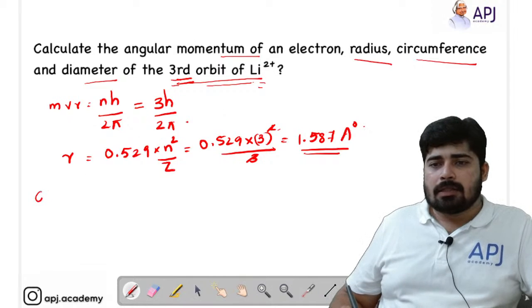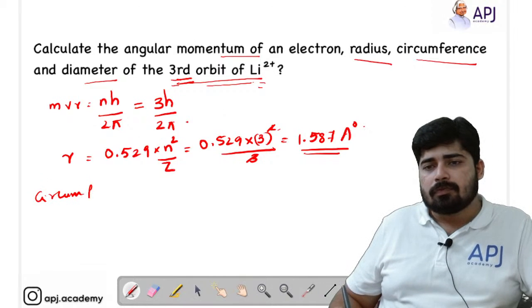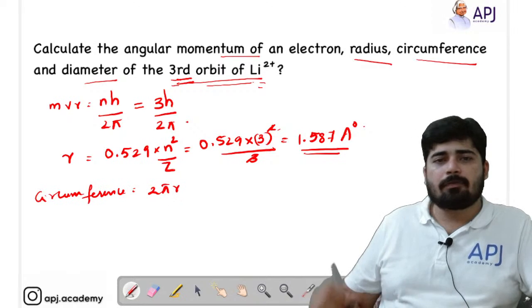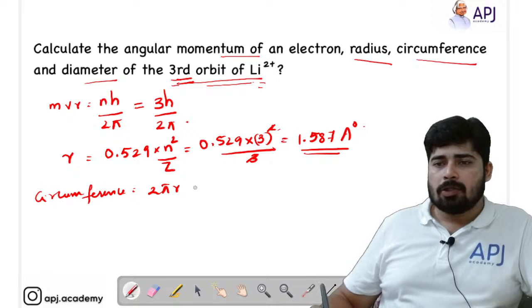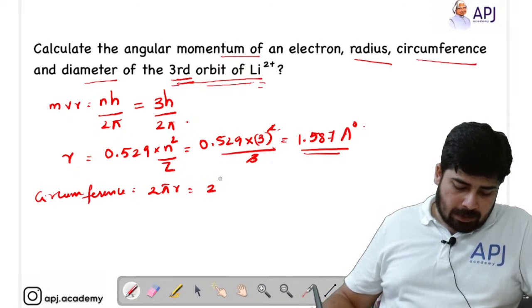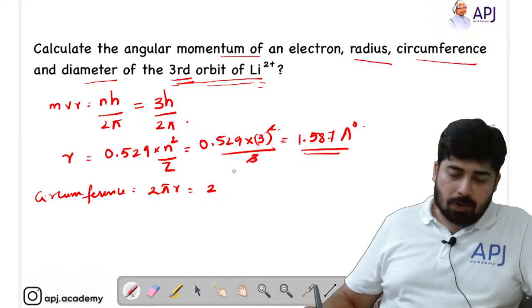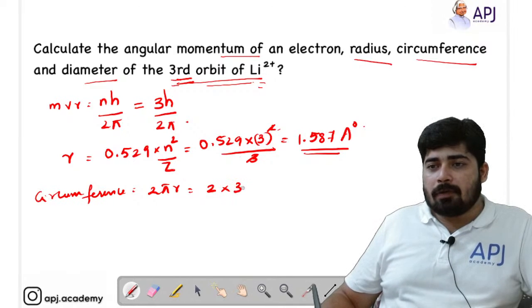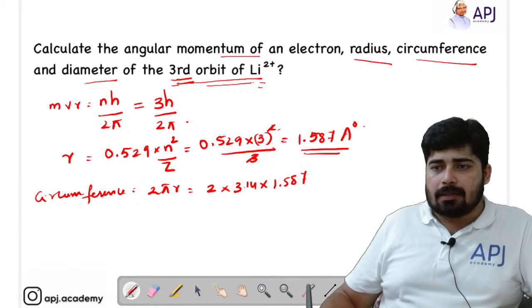Now circumference. Circumference is equal to 2 pi r. Circumference of the orbit is 2 pi r. So 2 into 3.14 into 1.587.